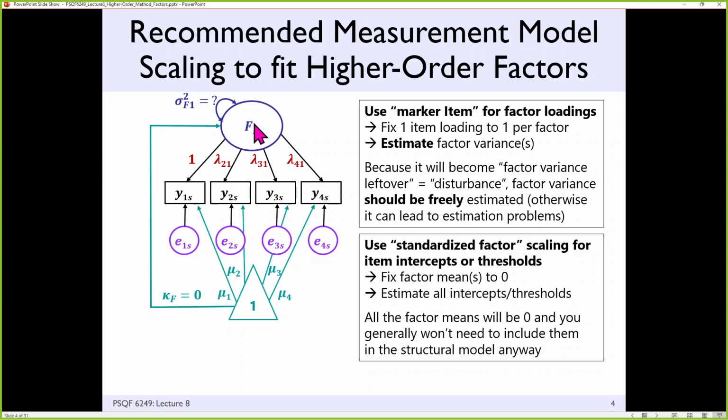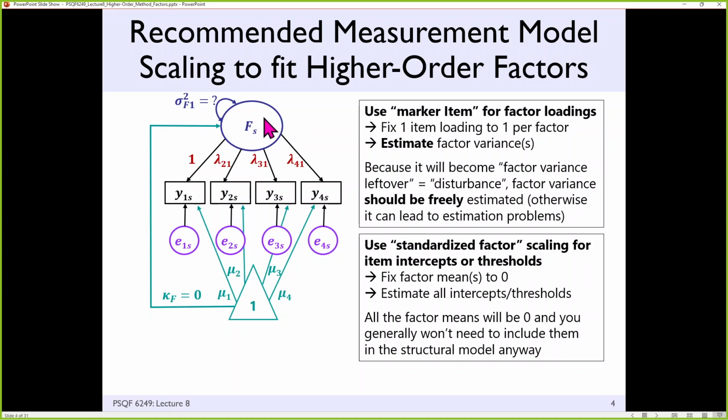However, when your factor is going to be an outcome of a higher order factor, then its variance needs to become an estimated quantity because it needs to be what is left over after being predicted. So if you fix it to 1, that can break your model.